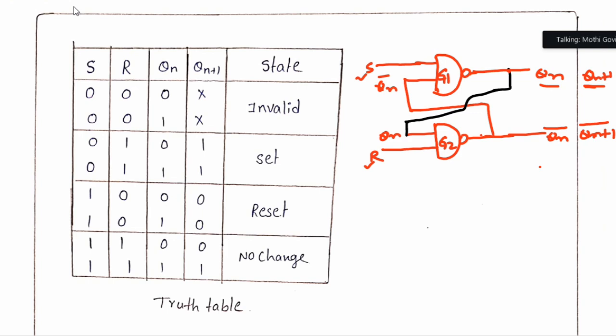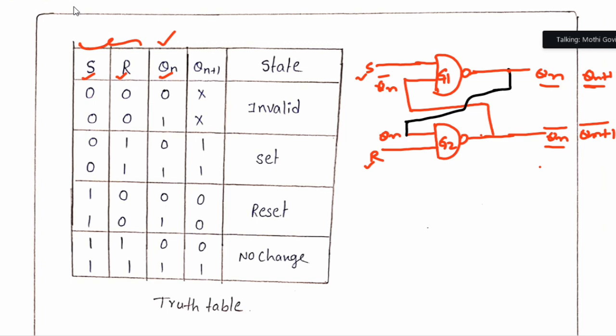Okay, so let us go to the truth table. Try to understand the truth table. Here S and R are the present inputs, and Qn is the past output. I am not considering Qn bar, only the Qn output, because if you know Qn, automatically Qn bar is the complemented form of Qn.